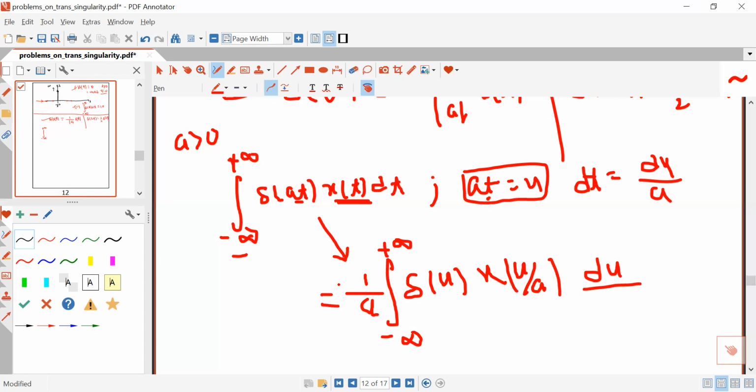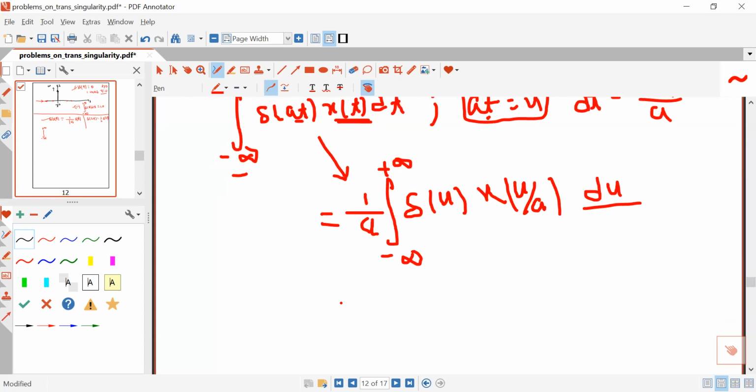From the shifting property, which I have discussed in the previous lecture, you can directly write the answer for this integration. This will be equal to x naught by a.